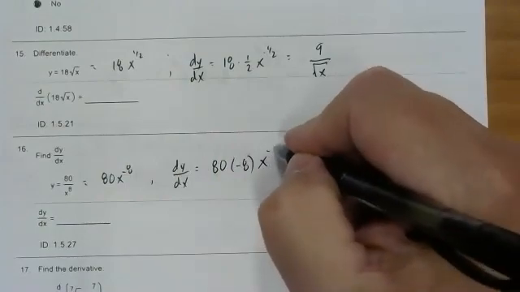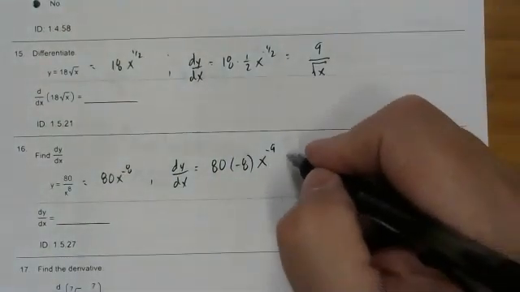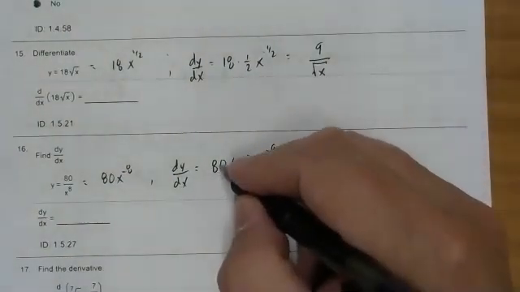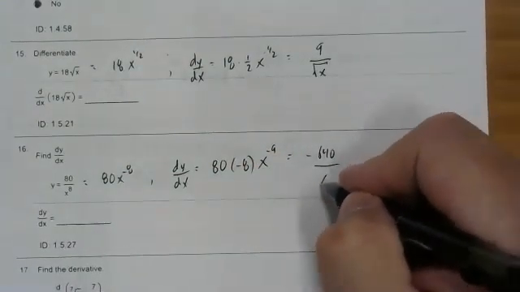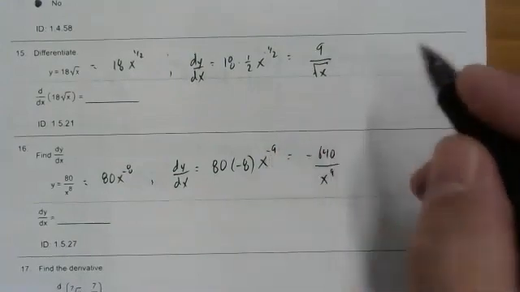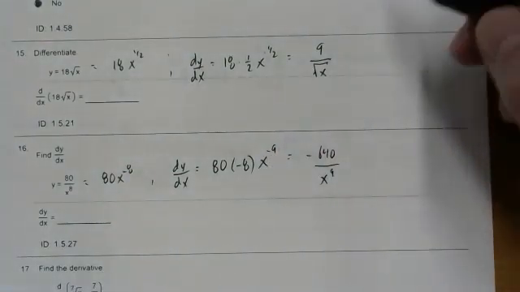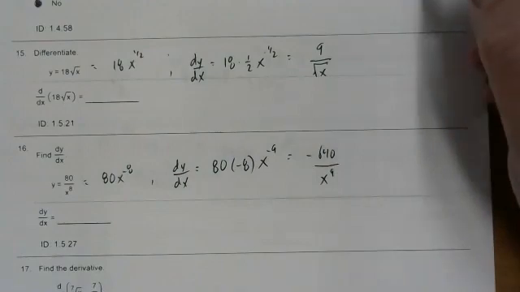You subtract 1. 80 times negative 8, I think it's negative 640. If I get rid of my negative exponent, next number is 640 over x to the 9th.